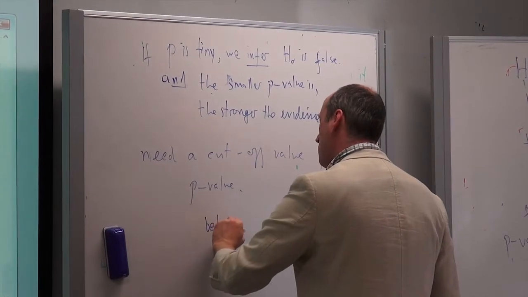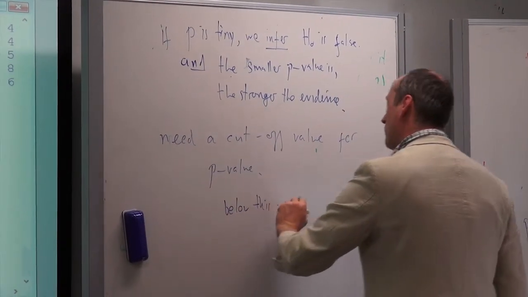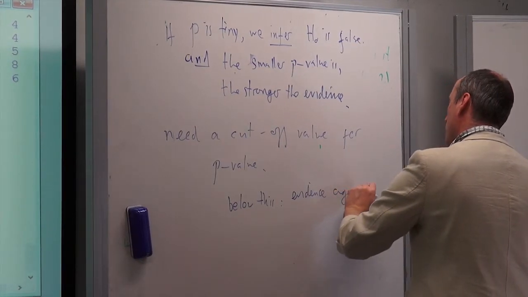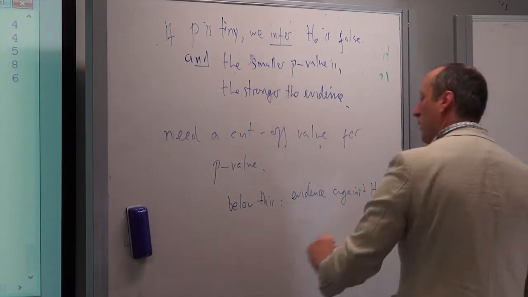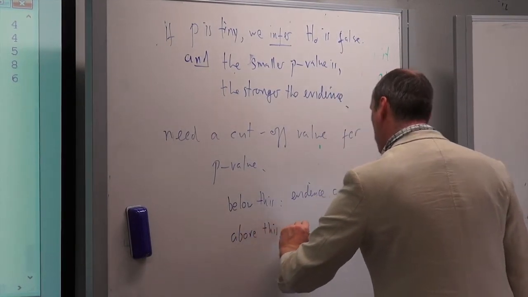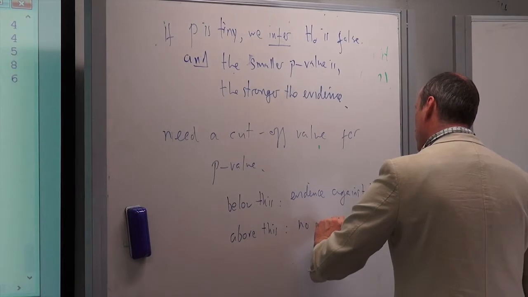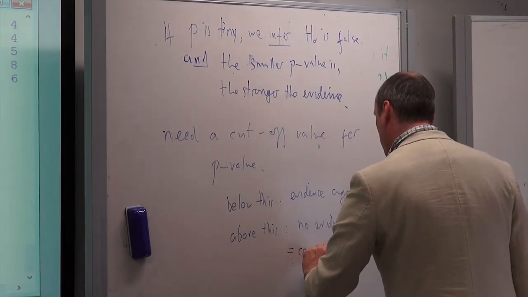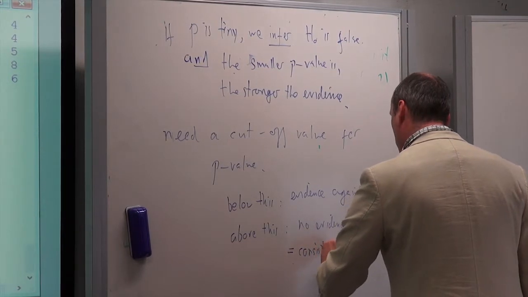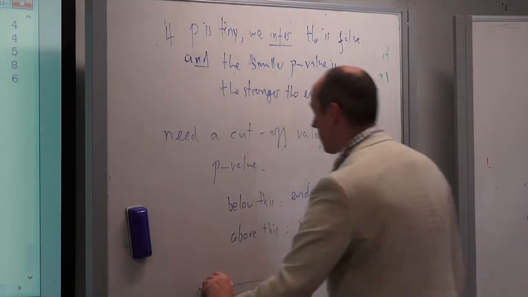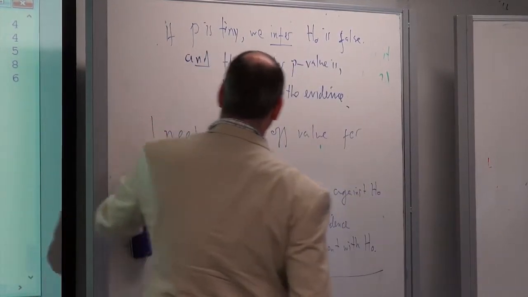Below this, you've got evidence against the null, and above this, no evidence, because it's consistent. So we need a cutoff value.